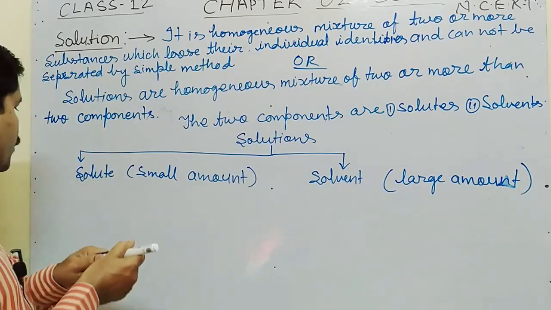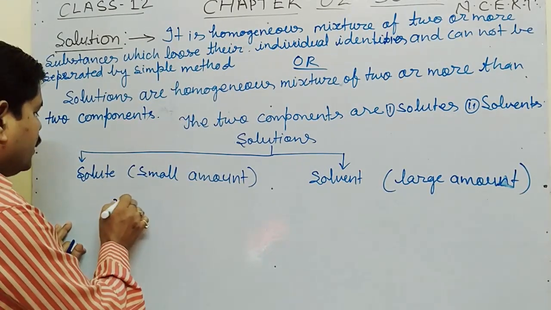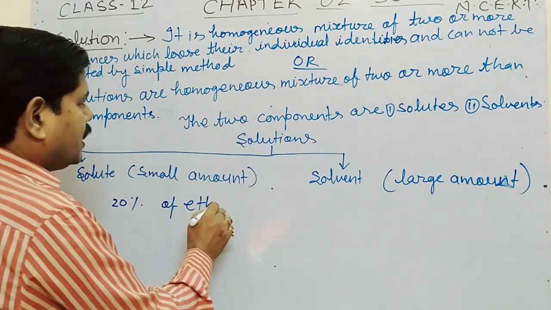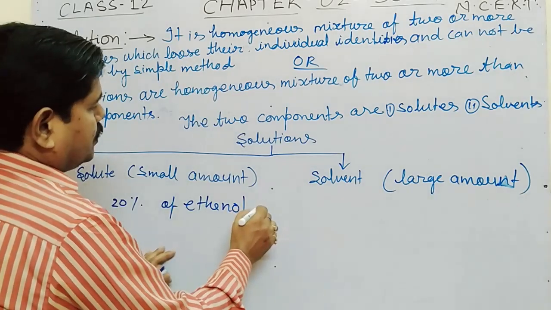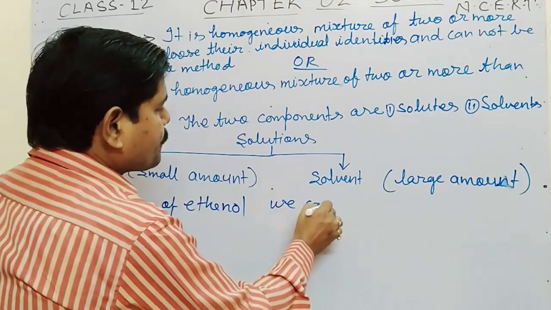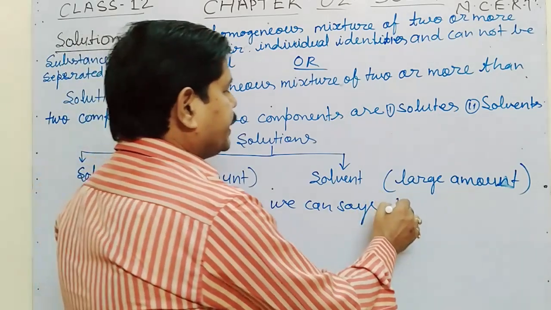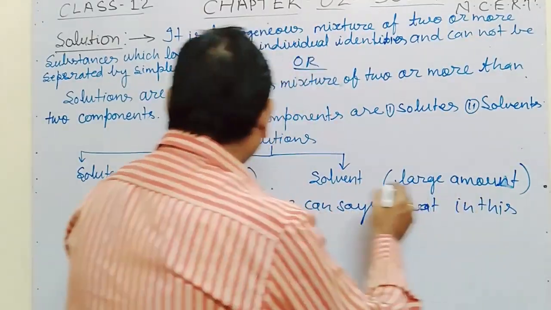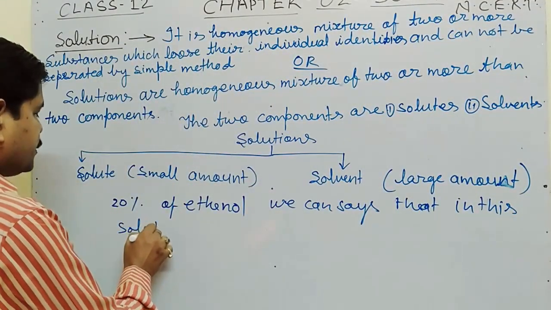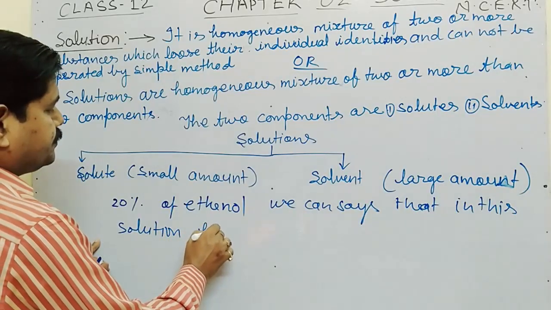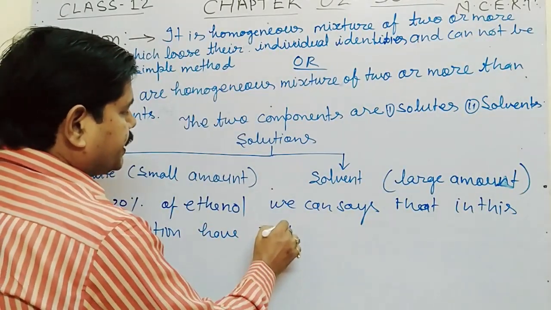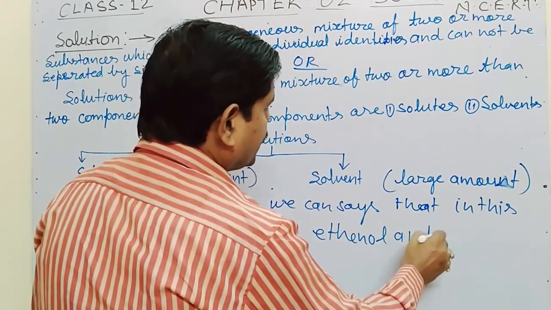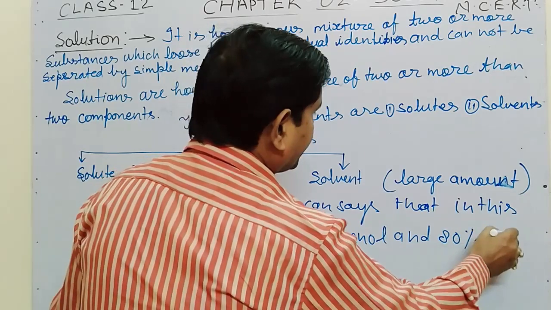An example is a 20% solution of ethyl alcohol, or ethanol. In this solution we have 20% ethanol and 80% water.